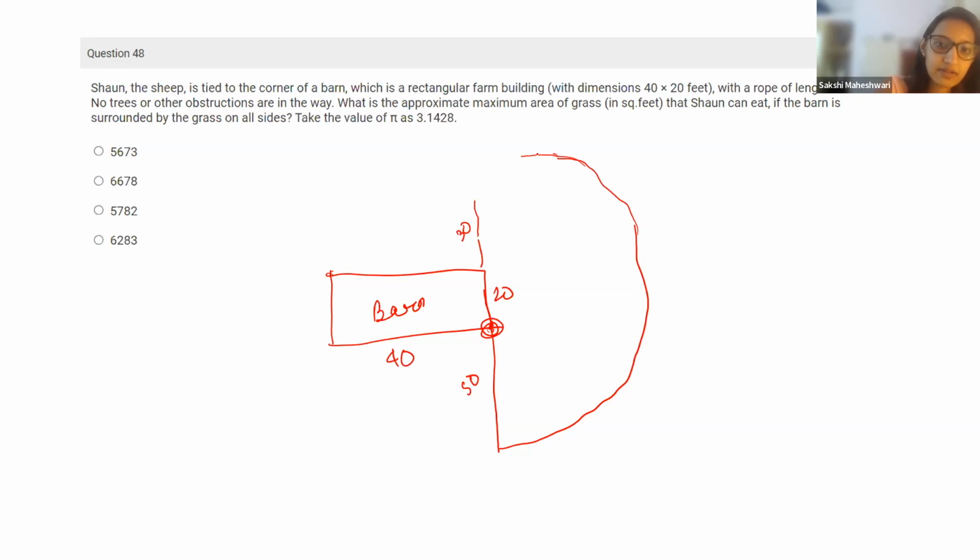And then from here, since the rope cannot move inside the barn, this will be just 30. This will be the area which Sean can eat. And here also, when it goes from this side, it will go up till here. Like this will be the 50.